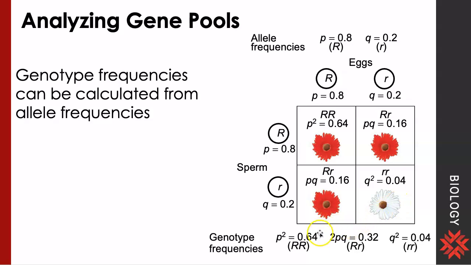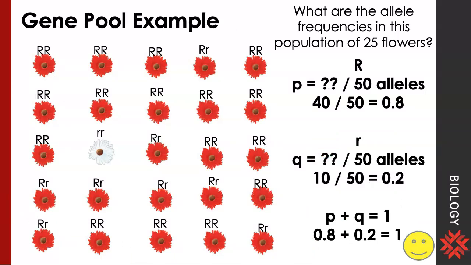And if you actually take those numbers and you apply it back to our flower population from the previous slide, you will see that those numbers are accurate, where 64% of those flowers, or 64% of 25 flowers would be 16. And if you count it out, 16 of these flowers are big R, big R. 32% would be 8 of these flowers are heterozygous.